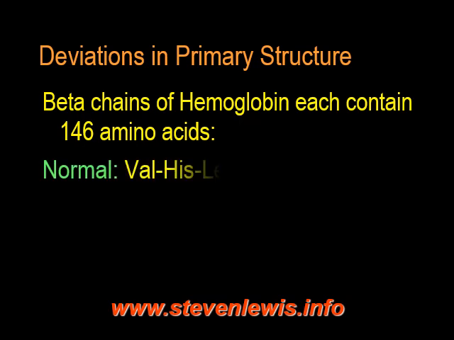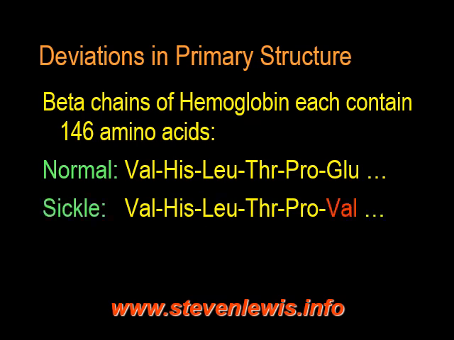Even a minor deviation in the sequence of amino acids of a protein like hemoglobin can have disastrous consequences. Each beta chain of hemoglobin contains 146 amino acids. The first 6 amino acids of a normal beta chain are valine, histidine, leucine, threonine, proline, and glutamate.